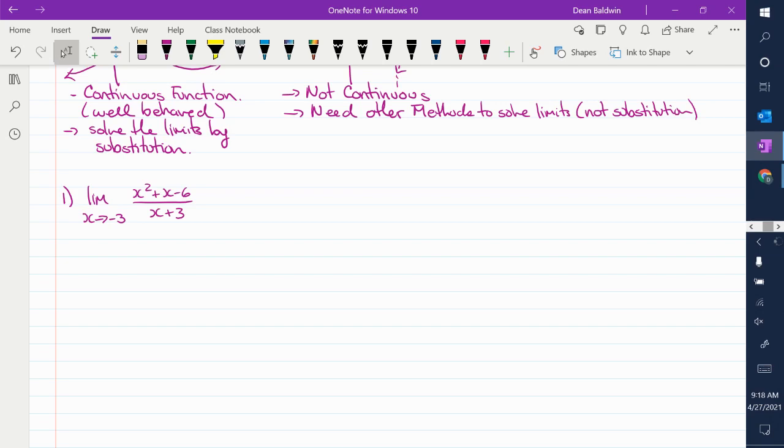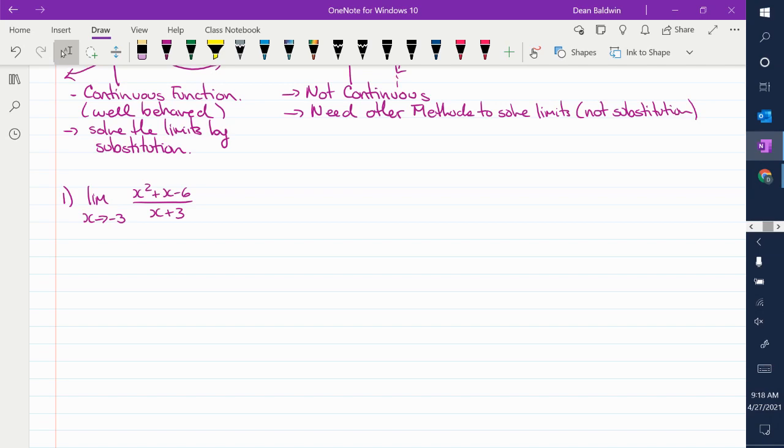It has an undefined point at what number? -3, right? Because if you put -3 in the denominator, you get 0. What is our limit going to? -3. So we can't substitute it in.